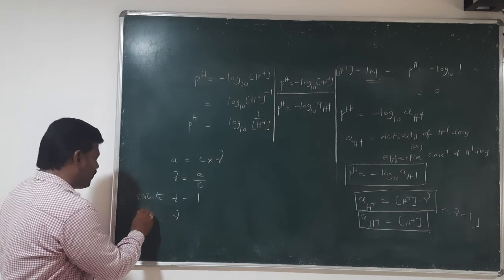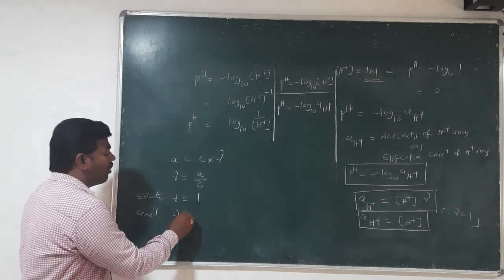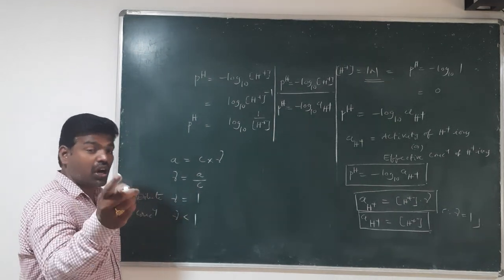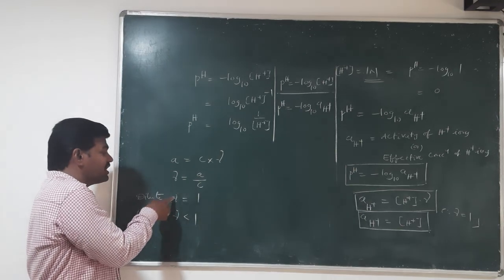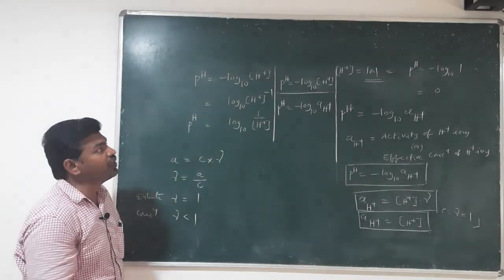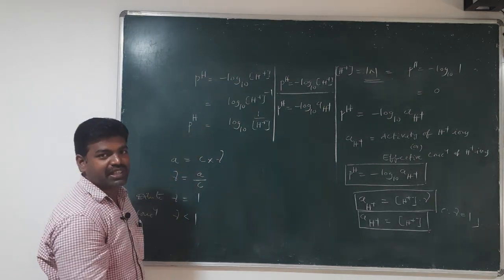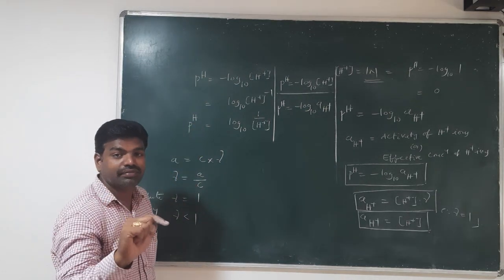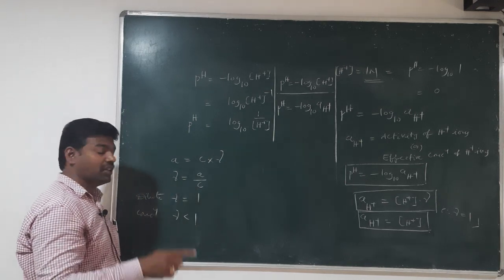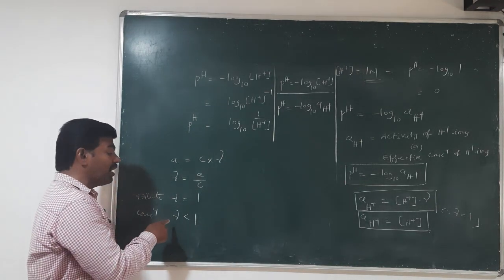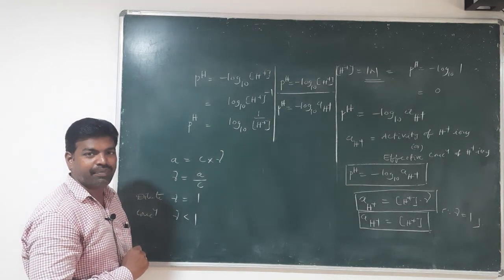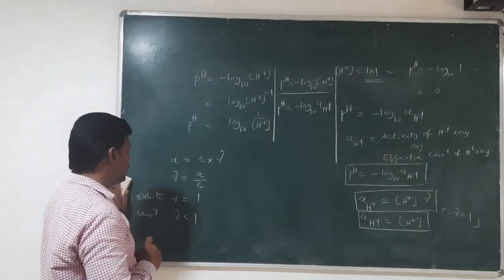But in the case of concentrated solutions, gamma is less than 1. Because in case of dilute solutions, gamma is equal to 1, we can use the formula pH is equal to negative logarithm of the concentration of H plus ions. But in case of high concentrated solutions, gamma would be less than 1.